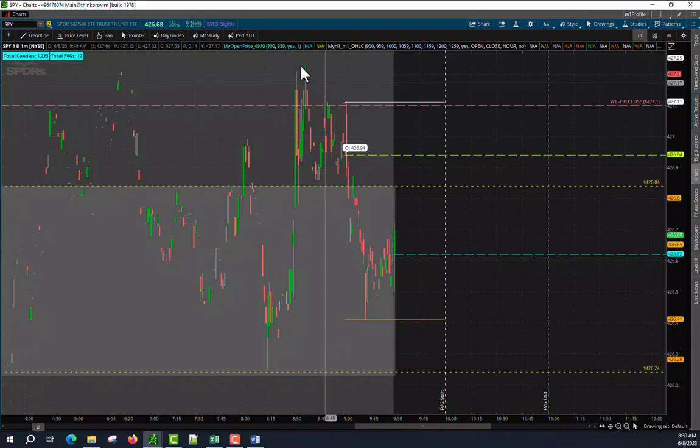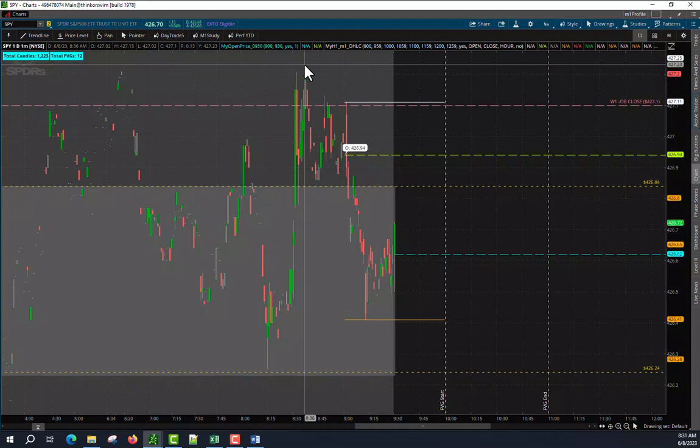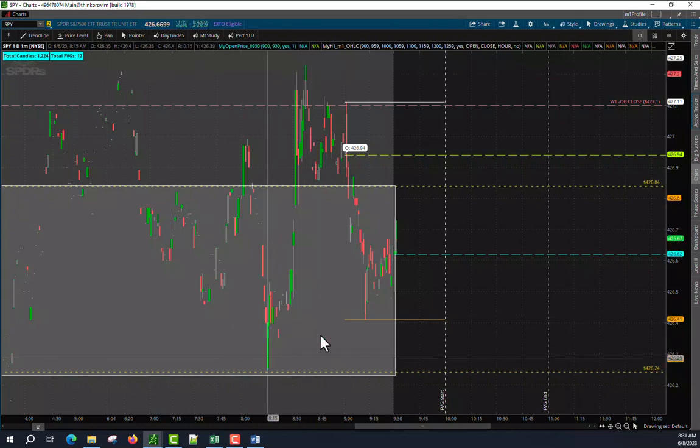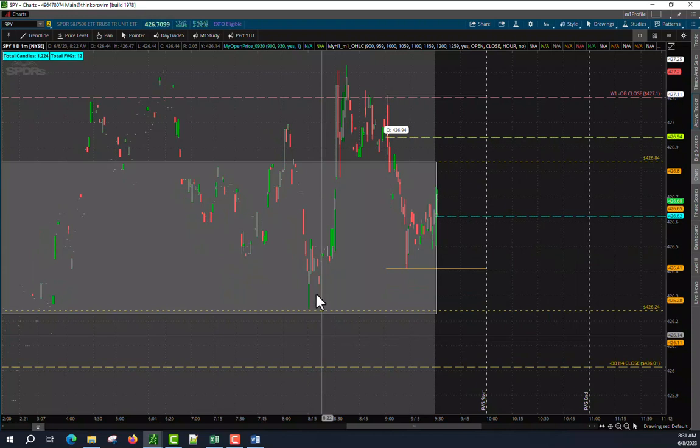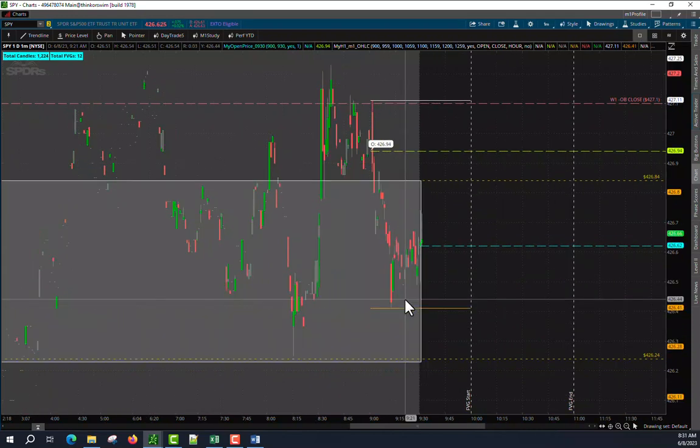You see that right here, the buy side liquidity is taken, and we haven't seen the sell side liquidity taken yet.